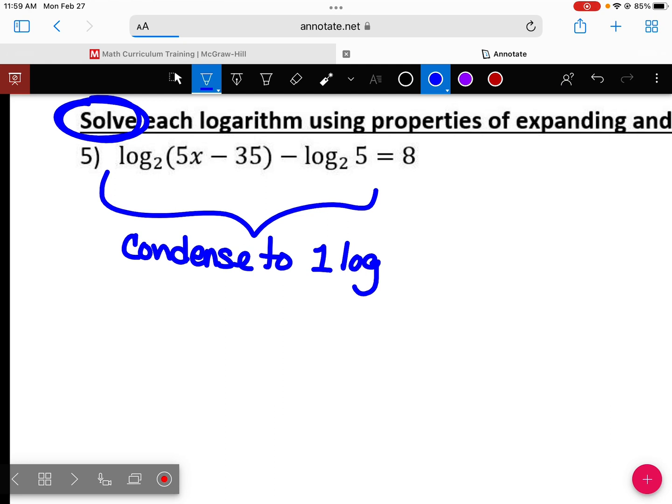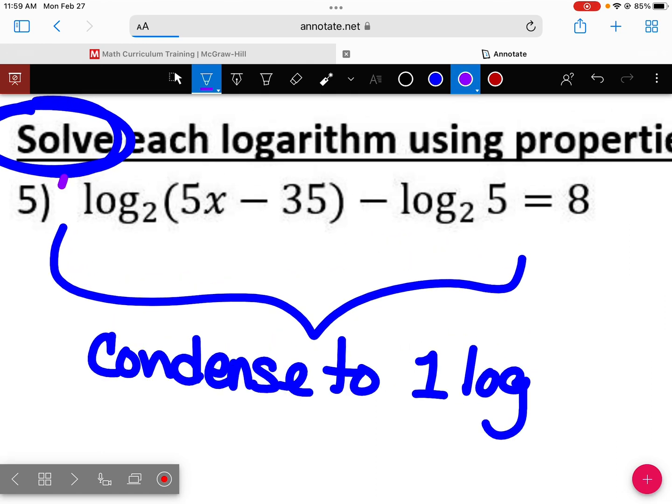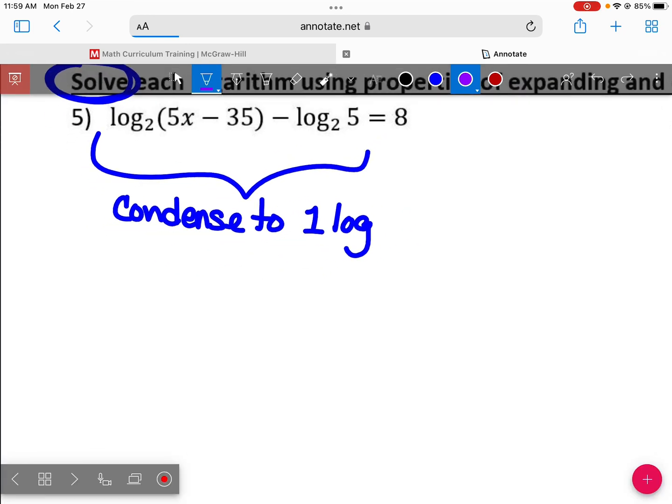Condensing, I look at powers first, right? Do I need the powers property to condense this? No. How do I know? There's no numbers in front of these logs. We're only going to use quotient. Jumping ahead, but yes, we're only going to need to use the quotient property. Why?